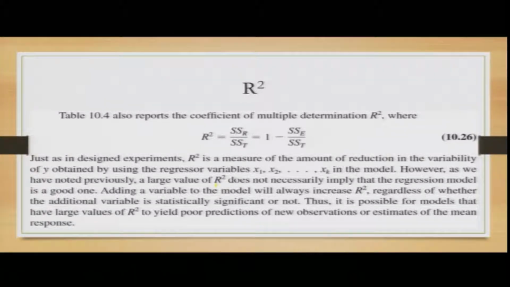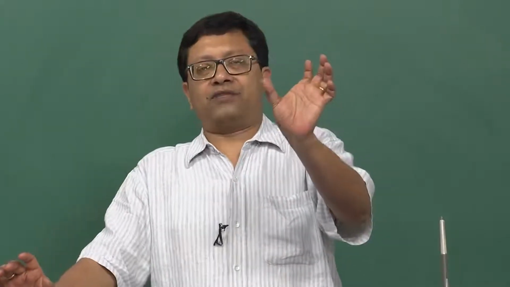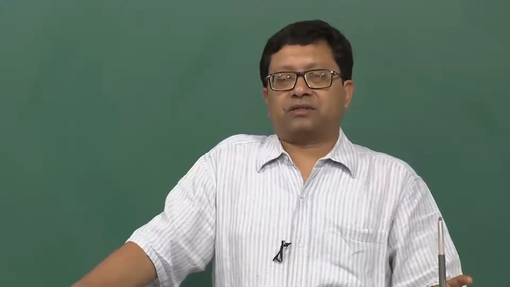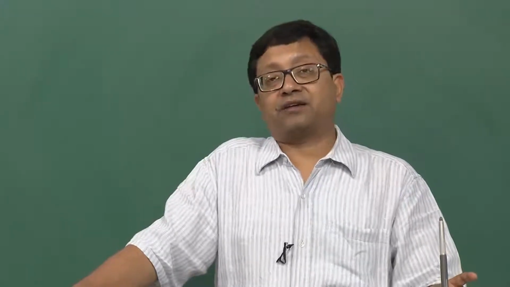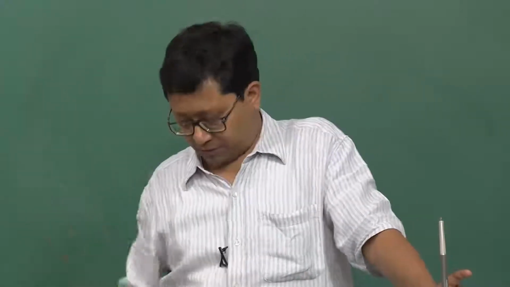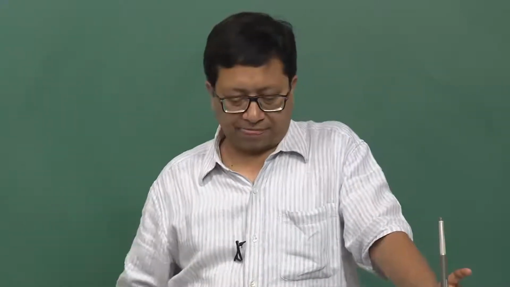Thus, it is possible for models that have large R square values to yield poor predictions of new observations or estimates of the mean values, as we proceed for the nth plus 1 prediction, nth plus 2 predictions, and so on. So, basically, we should take the minimum number of x's, try to predict the maximum, and have a value of R square where it gives us the predicted errors as small as possible for the nth plus 1, nth plus 2, nth plus 3 data.